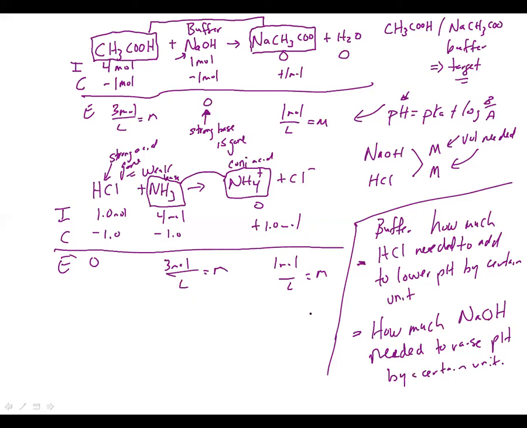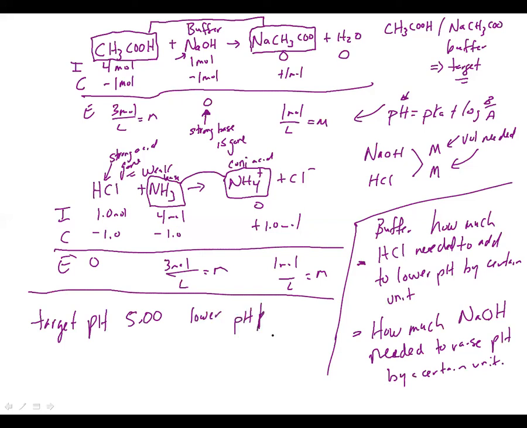So what that essentially means is, for example, in what we've been talking about here, our target pH was 5. Let's just say we wanted to lower the pH by 0.1 units.